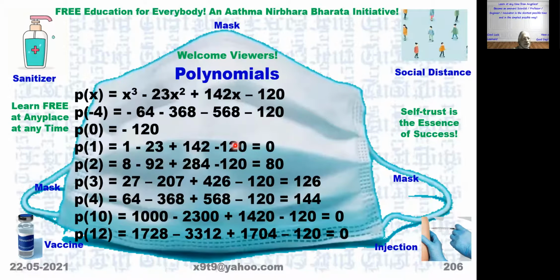Now here this minus 120 and this minus 23 becomes minus 143, and 1 plus 142 is also 143. They cancel, giving 0. That means 1 is a zero of the given polynomial, or x minus 1 is a factor of that. Actually, now we can stop. Further work is not required.